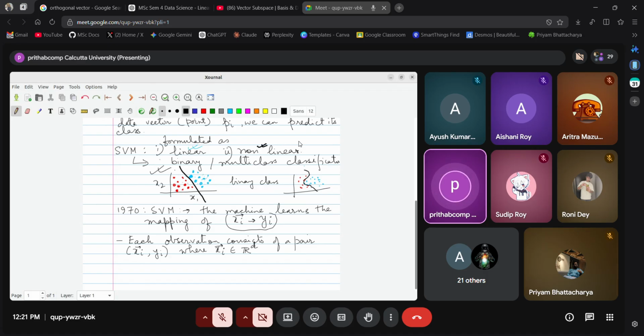That means it is a d-dimensional vector. The index i corresponds to each observation, so i equals 1 to some L observations. By the way, we are talking about a binary classification problem using SVM. This is what we are going to formulate.